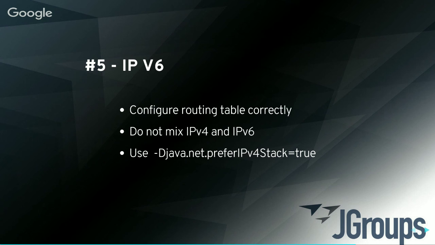And when in doubt, just use IPv4. Note that very often JGroups-based applications are used behind some firewall inside your network, in your DMZ. So actually, IPv6 is not a big deal for JGroups. You very often can use IPv4 without any problems.